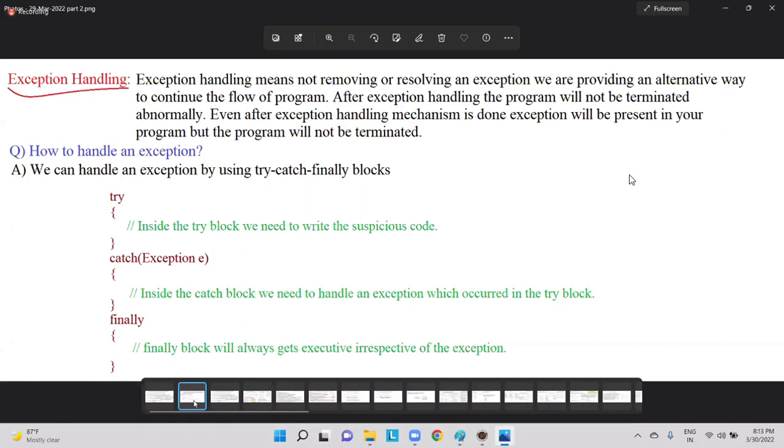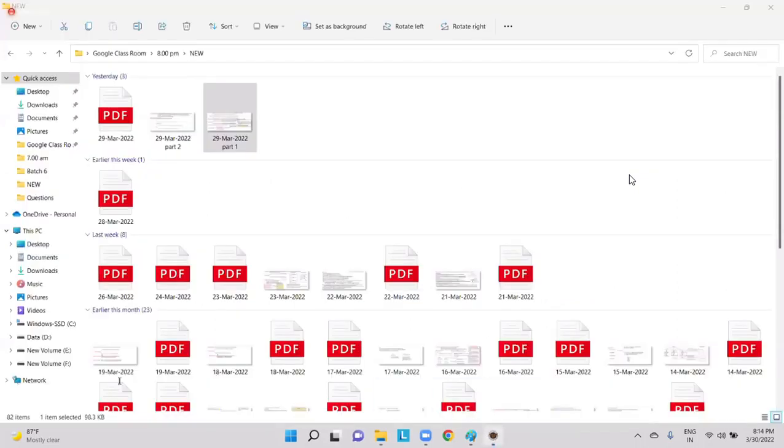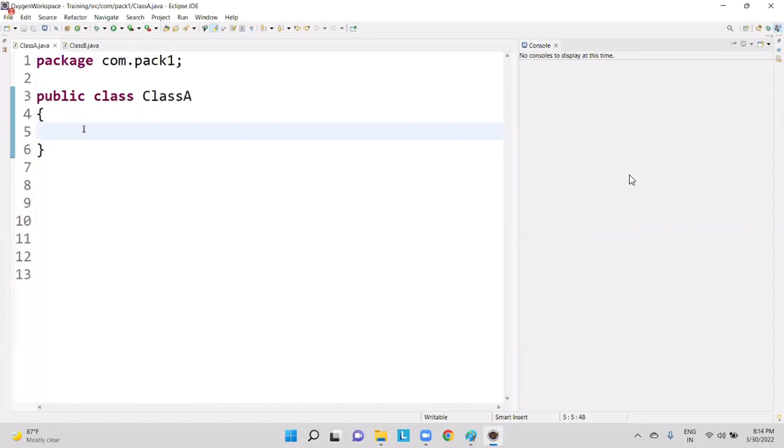Inside the try block, we write the suspicious code. Inside the catch block, we handle the exception which occurred inside the try block, and the finally block will always get executed. These are the concepts we covered yesterday. Now today, we'll go into a little more in-depth information about exception handling.